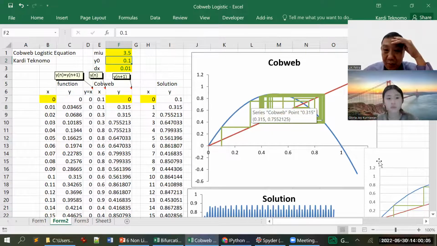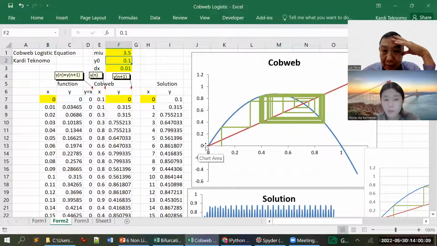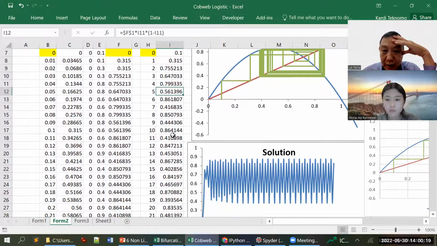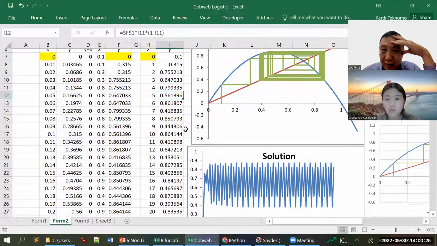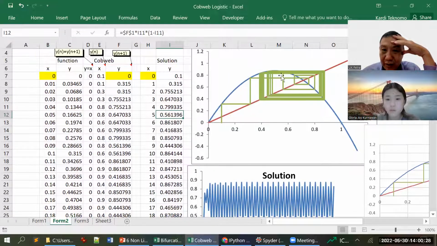What happened? You still have two equilibria. Say I start with a certain number, 0.1, for example. But if you look at the solution, there are certain values that repeat, as if there is a certain cycle that it will repeat.